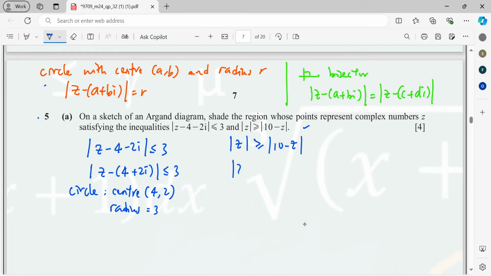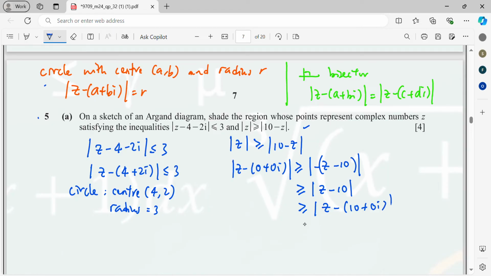So the first one will be modulus of z minus 0 plus 0i greater than or equal to, okay, now here I can factorize a negative, so z minus 10. The modulus of a negative is actually positive. So I will write modulus of z minus 10 plus 0i.